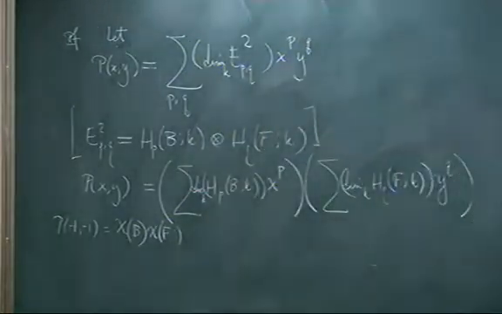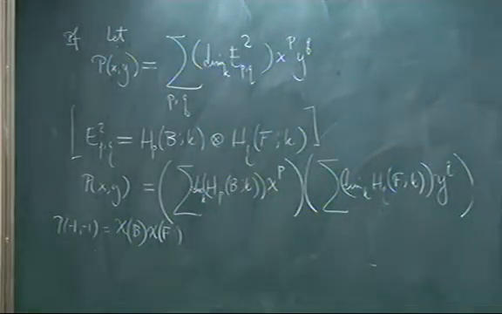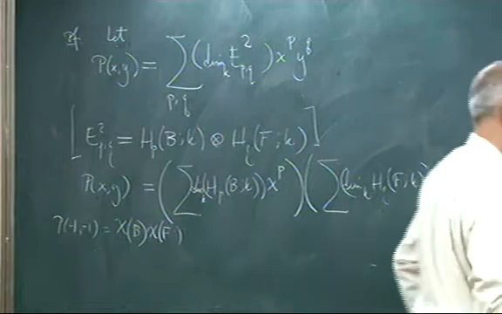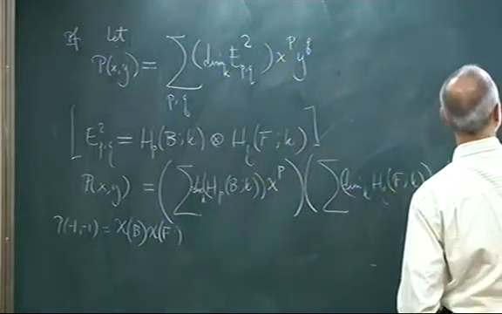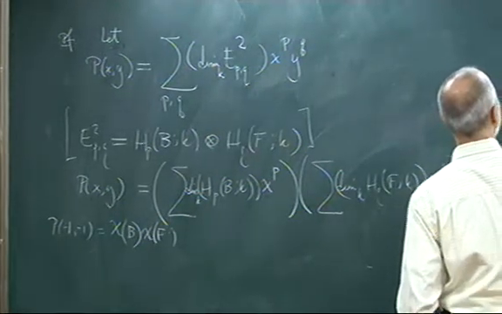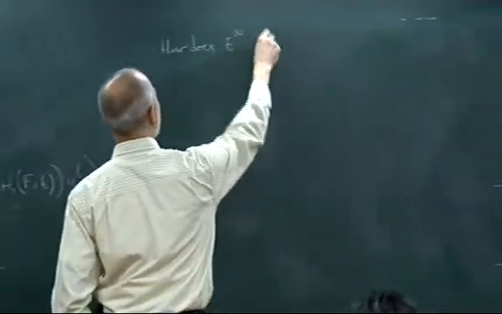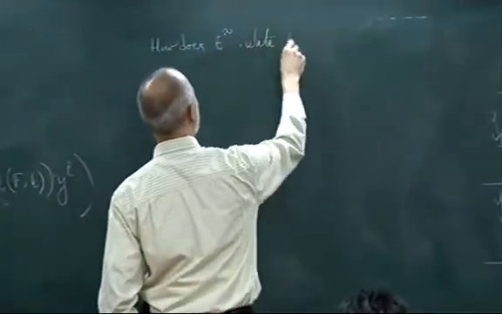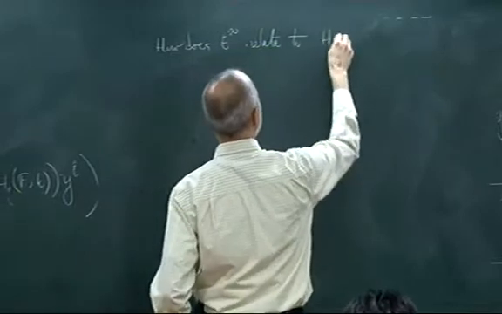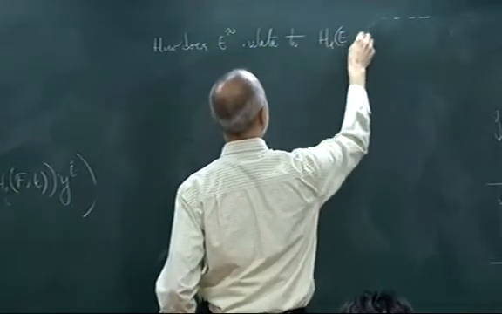I left off a very important point. The important point is how does E infinity relate to H star of E with coefficients in K?